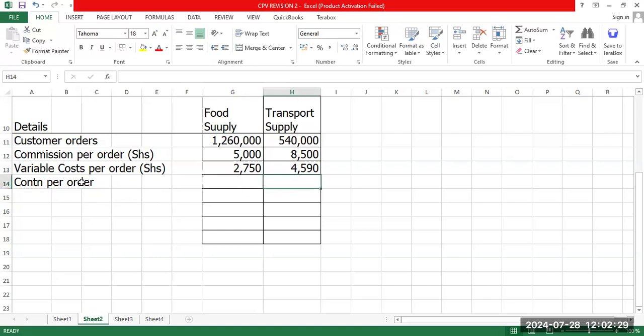Here we have contribution per order. We just get commission per order minus variable cost per order.